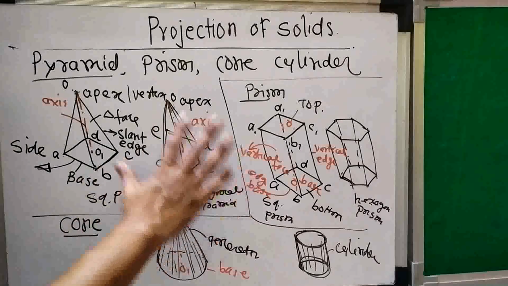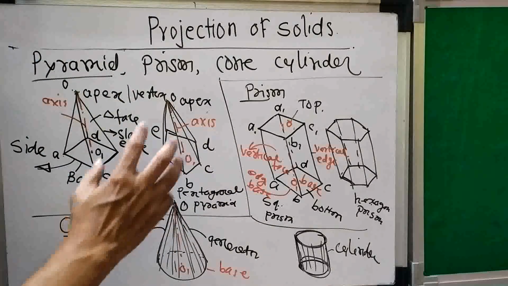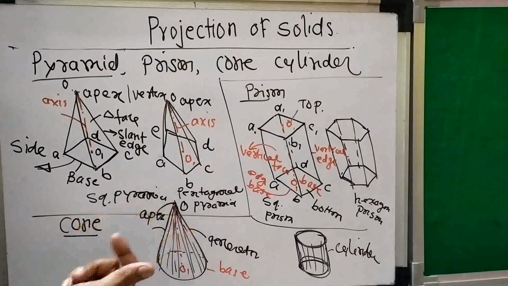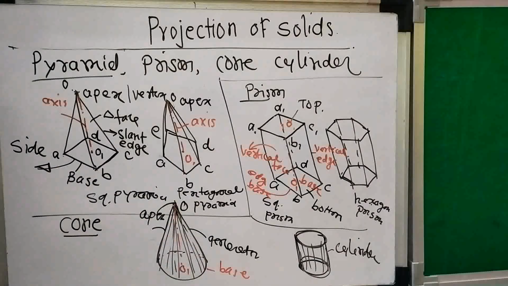Means you have to understand, you have to imagine how is the inclination. Then a resting condition has to be given, because when you want to make inclination of the solid, you have to first rest it somewhere, either on the HP or on the VP. So again the resting condition is given in terms of parts of the solid.